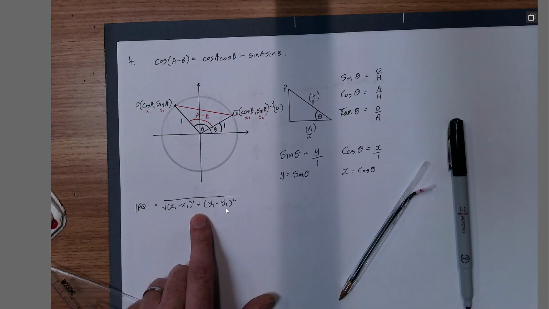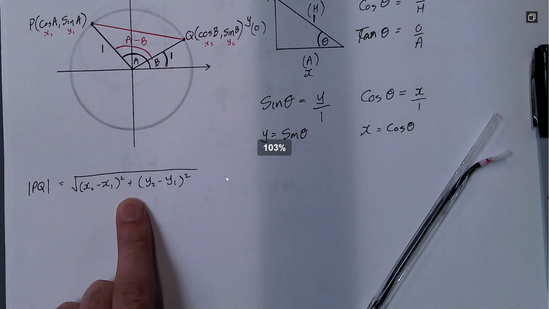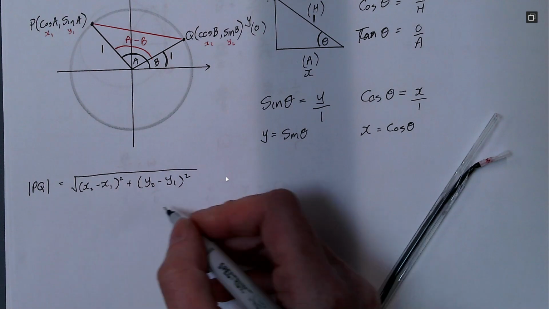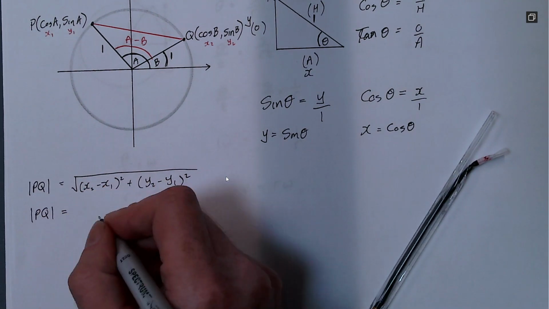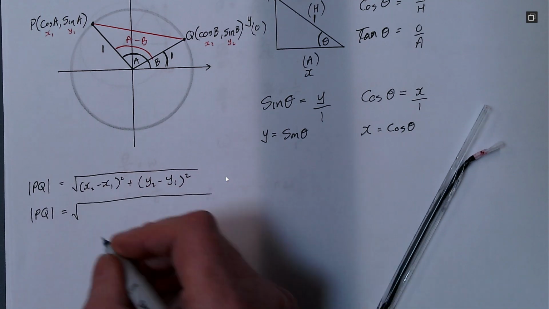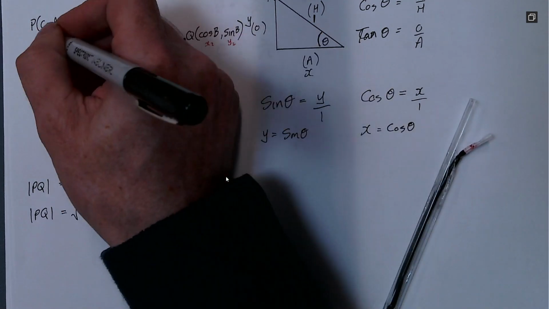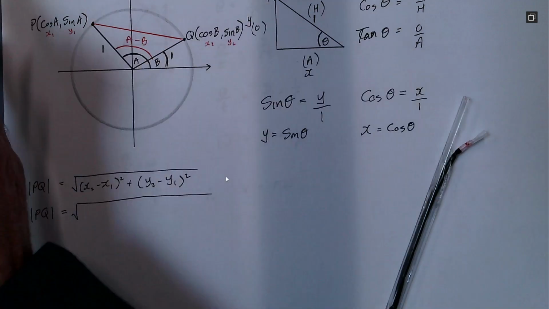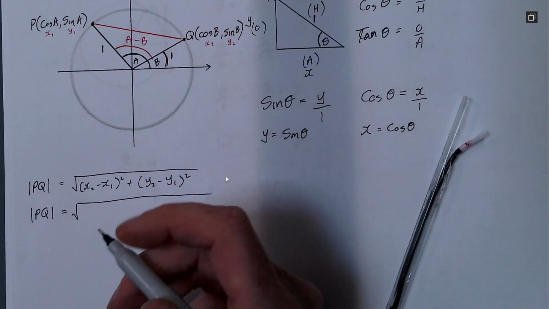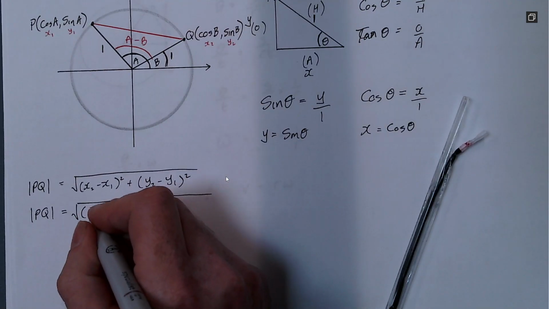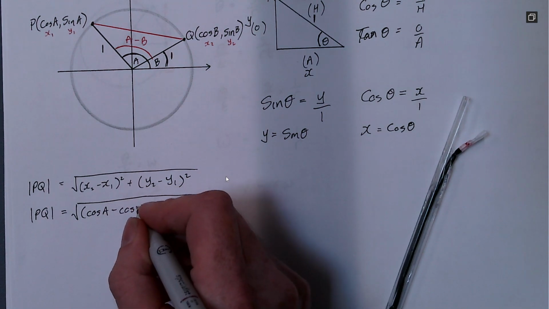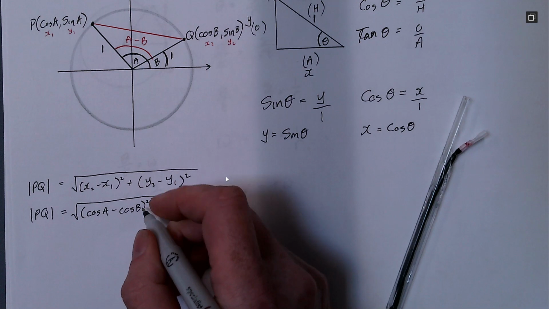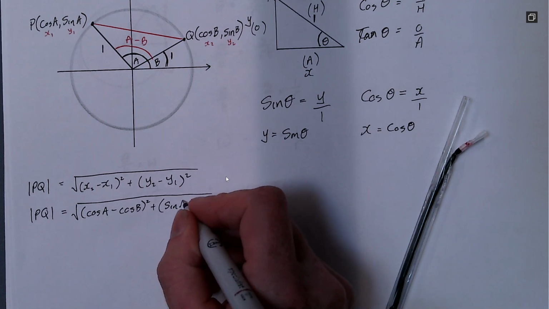Now we use the distance formula between P and Q. So PQ equals the square root of (cos A minus cos B) squared plus (sin A minus sin B) squared.